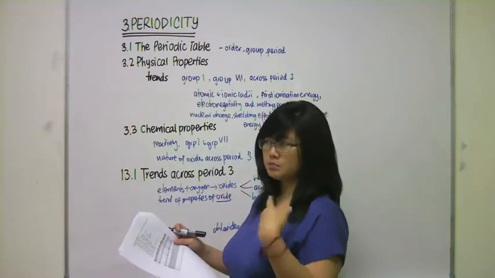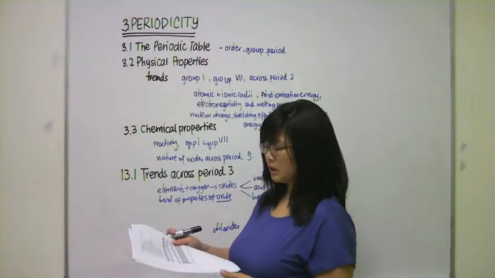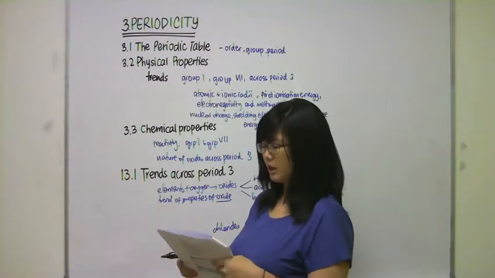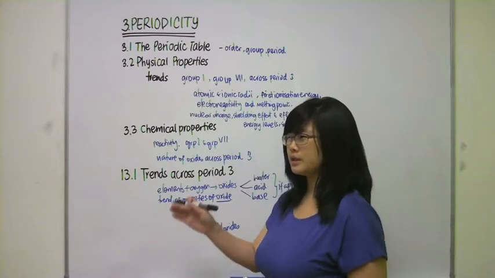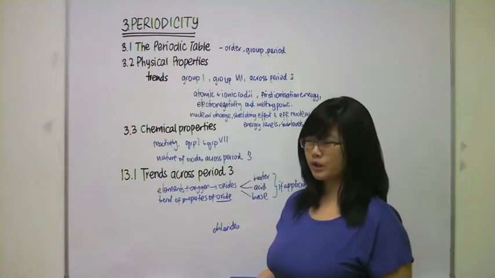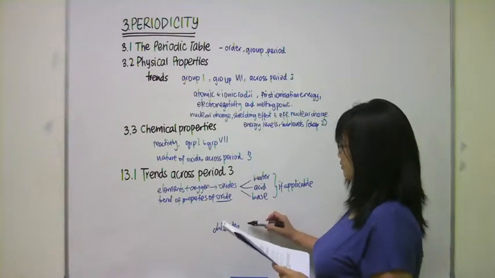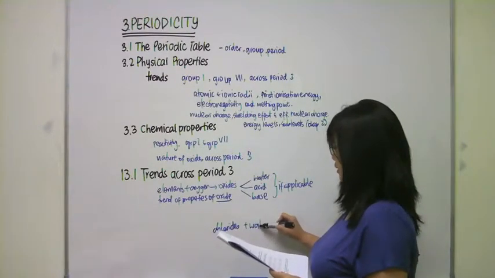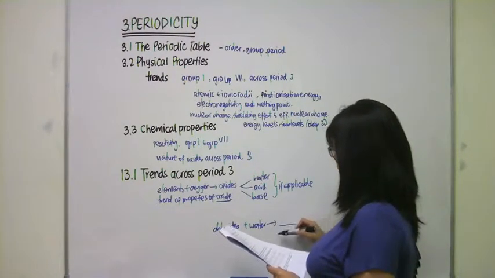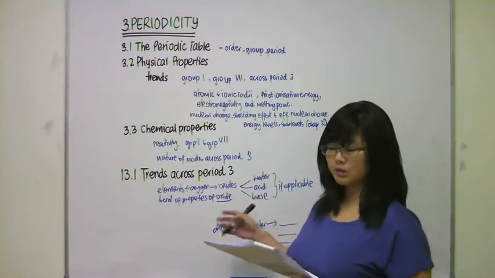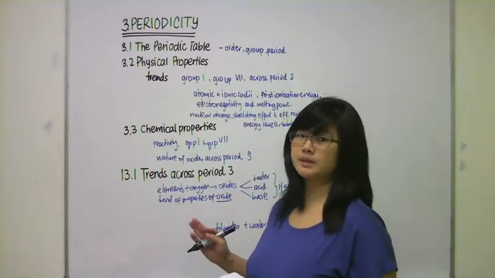Same, electrical conductivity, pH in solution, the nature, whether it's ionic or acidic, the types of bonding, ionic, covalent, simple covalent, and so on. And the reaction of this with water, what products they will give. This one also needs to be memorized.